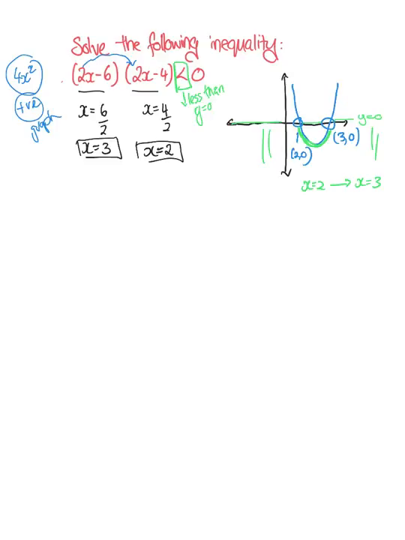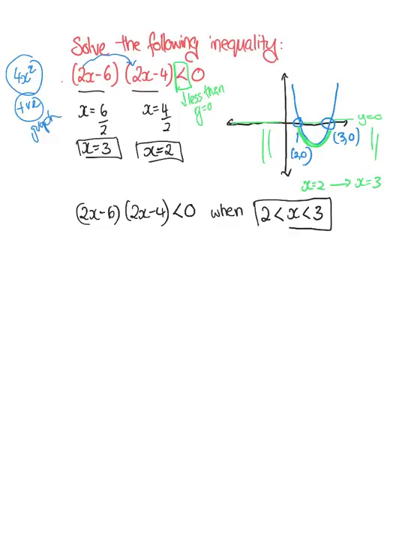So for 2x minus 6 times 2x minus 4, when is this less than 0? We write when x is in between 2 and 3.